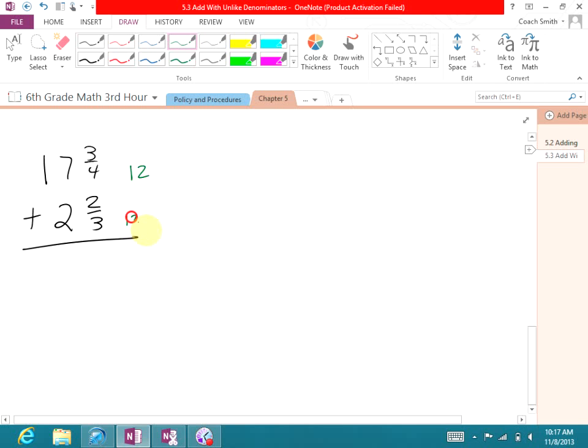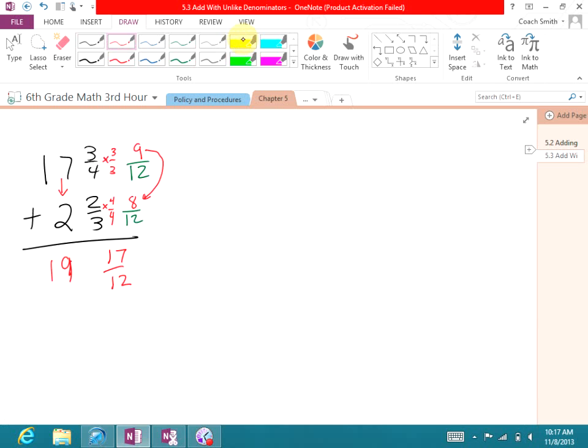So there's our 12. What did we do to 4 to make it 12? Multiplied by 3. So it's 3 over 3, which is 9. We multiplied here by 4 over 4, which is 8. We take 9 and 8. That gives me 17 over 12. 17 and 2 gives me 19.